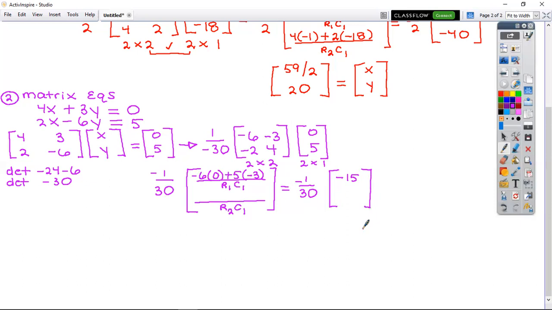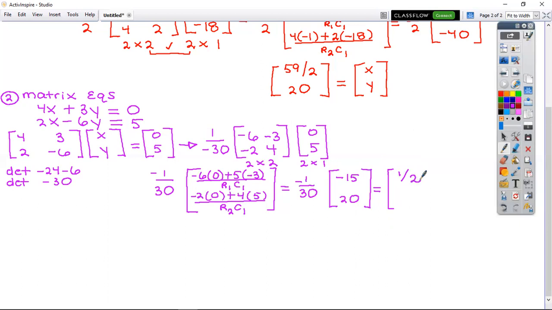All right, and then you're next. I have row 2, column 1. So I'm going to go -2 times 0 plus 4 times 5. And that is equal to just plain 20. And lastly, all right, so -1/30 times -15 would reduce down to, yep, 1/2.